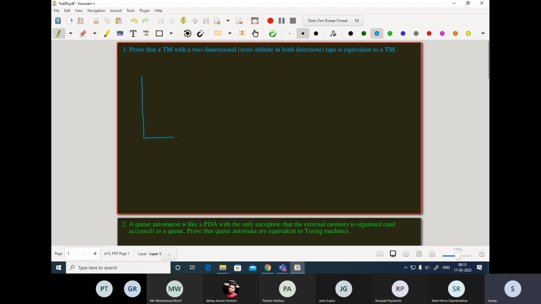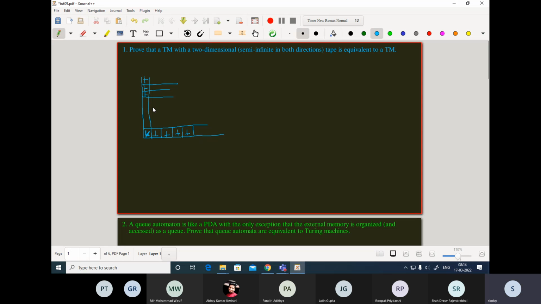Here on the left hand side, look at the first cell on the left hand side, you have left hand markers in each of these cells, in each of the rows. And so this could be some special symbol. And on the bottom row, each of the elements are marked with a bottom end marker.